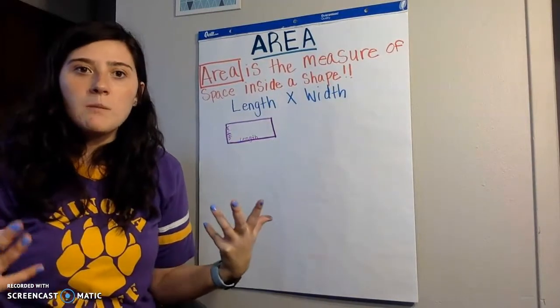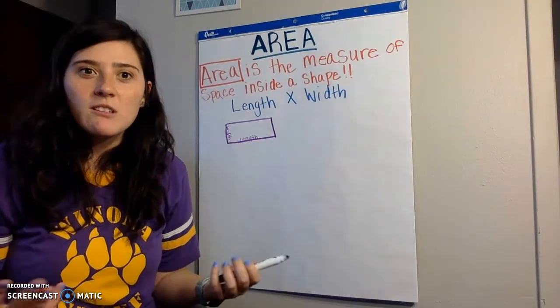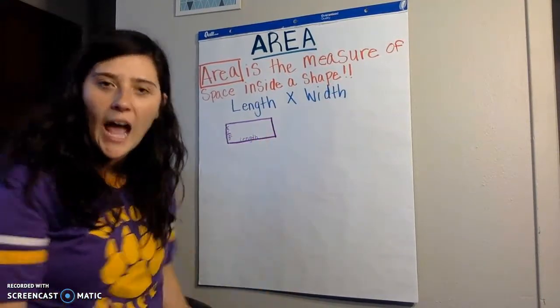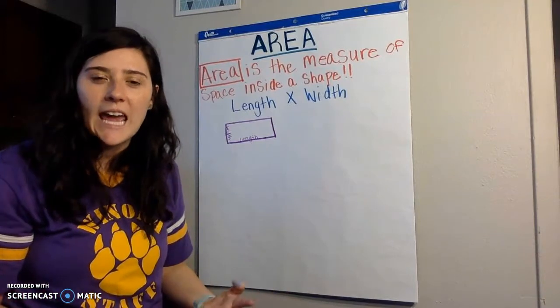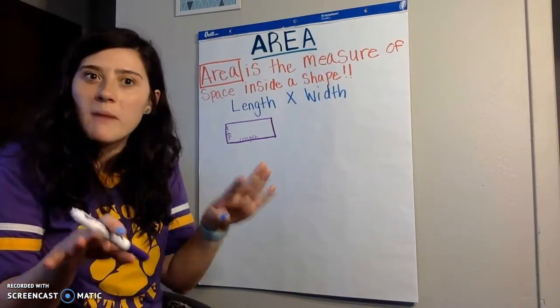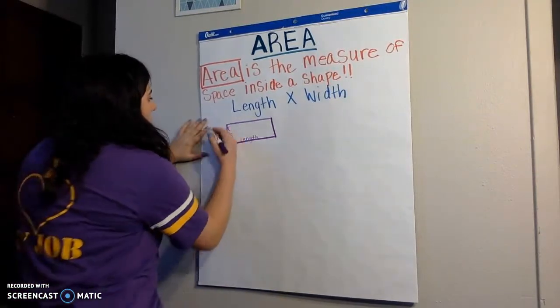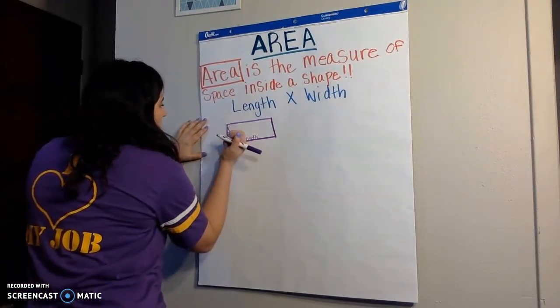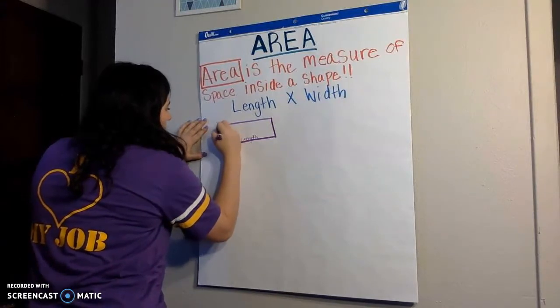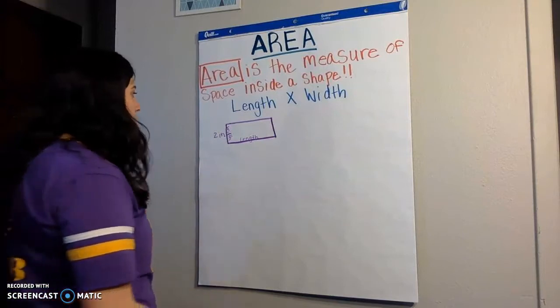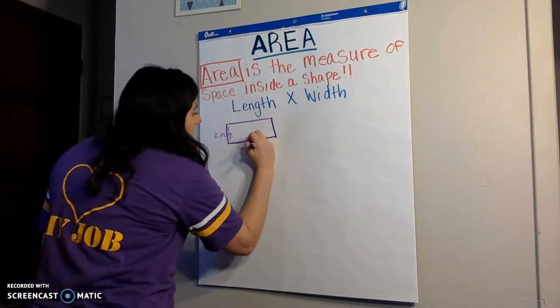Now I'm going to plug in numbers. Sometimes they're going to have the numbers on the outside for you, and sometimes they're not, but we're going to start with the basic foundation. I'm going to say my width is 2 inches. My length is going to be 7 inches.